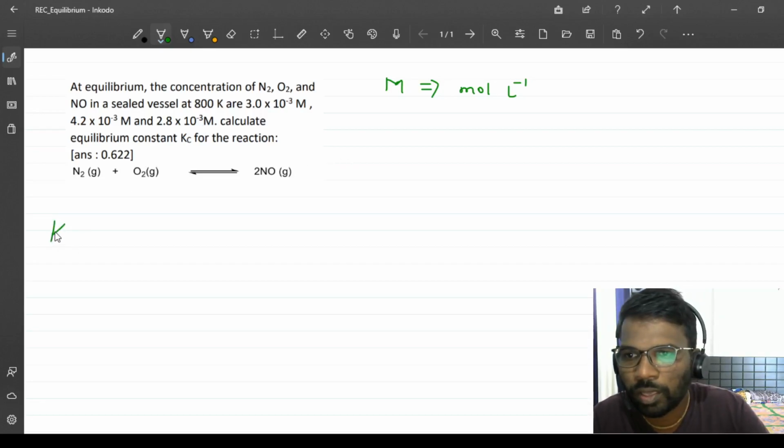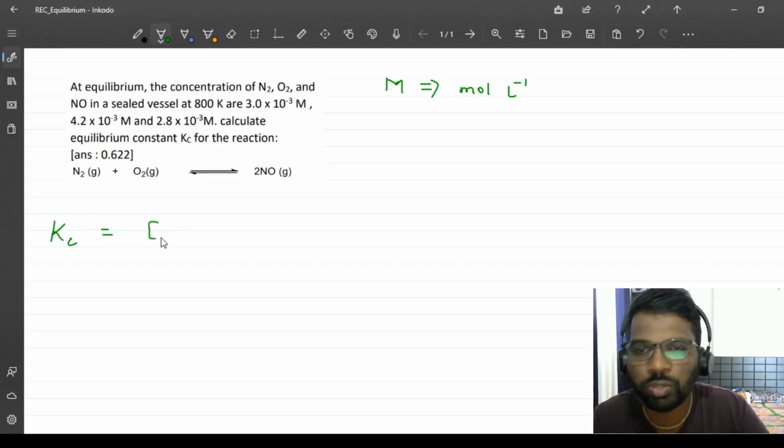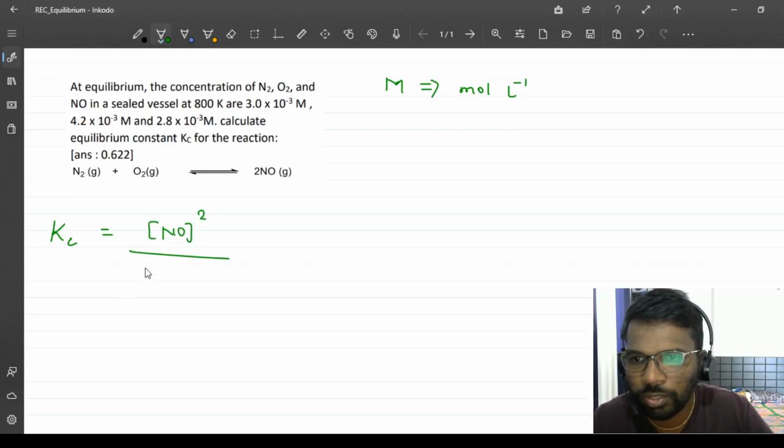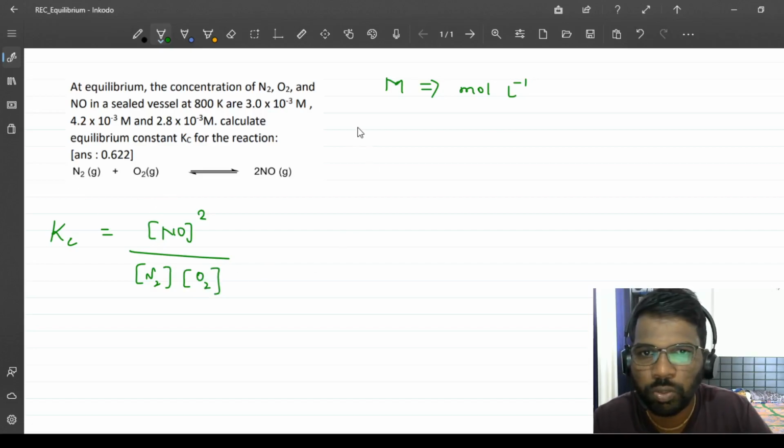So the equilibrium constant is given as the concentration of the product raised to the stoichiometric coefficients: concentration of NO raised to 2, divided by the concentration of N2 and the concentration of O2. There are no stoichiometric coefficients over here. So what are the values?